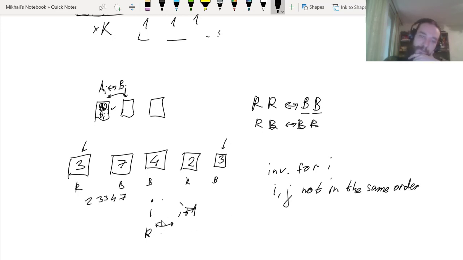We can see that, how does the number of inversions change for I? It does not change its relative position with anything other than the card I plus 1. And if it was an inversion with I plus 1, it's not an inversion anymore. And if it's not an inversion, now it is an inversion, because I and I plus 1 swap the order.